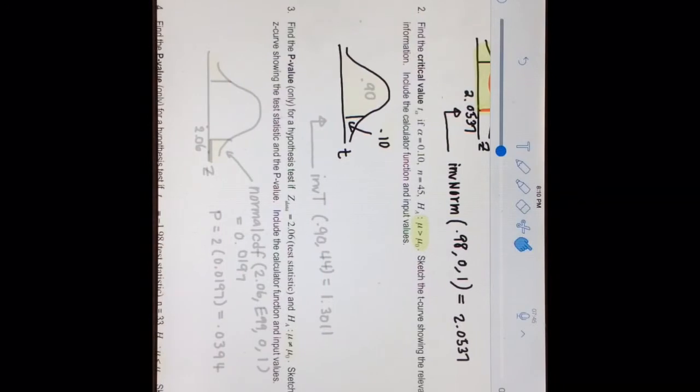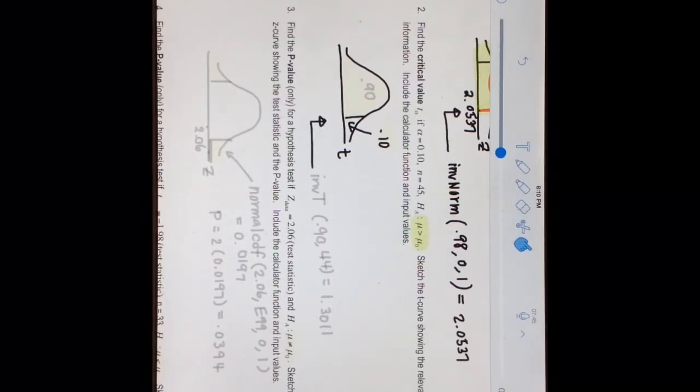And using the calculator function invT, the arguments are the area to the left of this line, which is this area right here, and that should be 0.90, and we get that by subtracting 0.10 from 1.